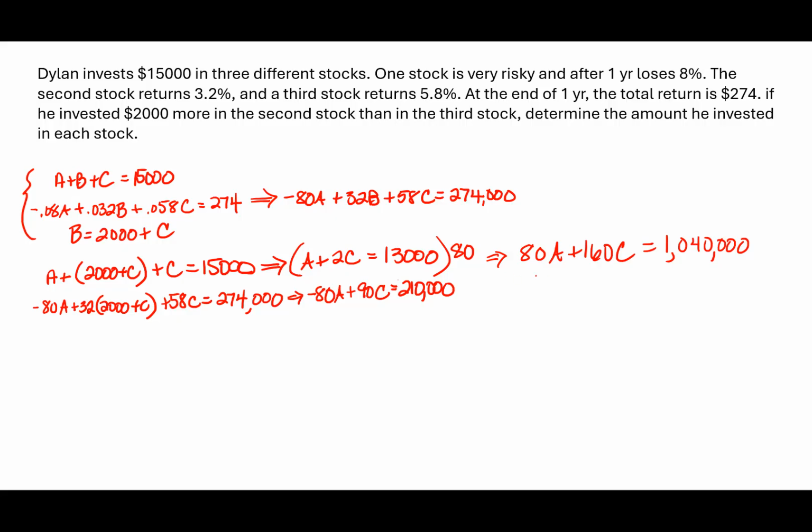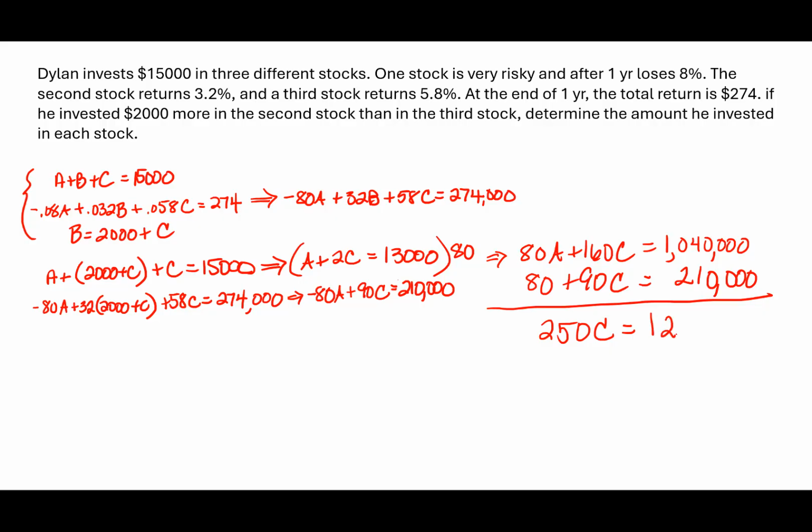And then you've got negative 80A plus 90C equals 210,000. So that gives us 250C is equal to 1,250,000. So C is going to equal 5,000.